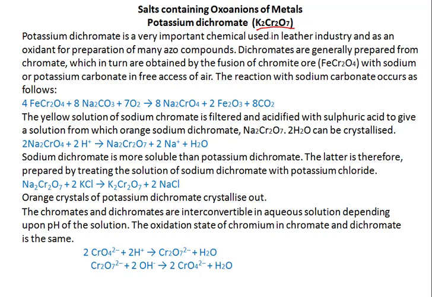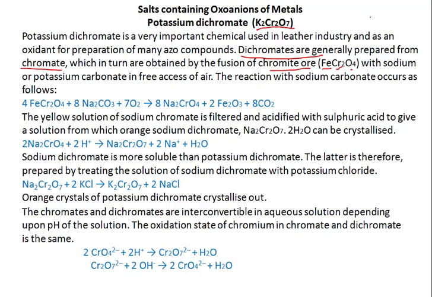oxidizing agent. Preparation. Dichromates are generally prepared from chromates, which in turn are obtained by fusion of chromite ore. Chromite ore is FeCr2O4.